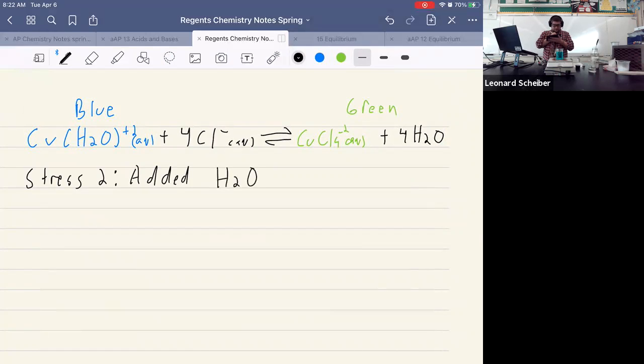And we saw for the shift that it went from green back to blue. Once again, Le Chatelier says that when the system's stressed, it shifts to overcome the stress.